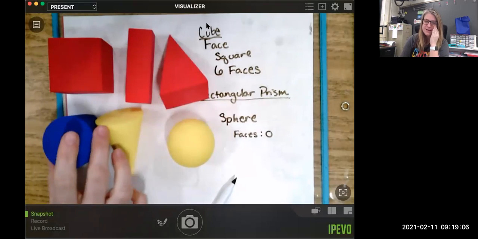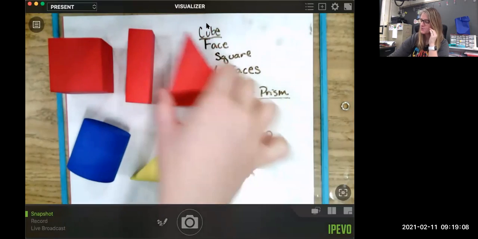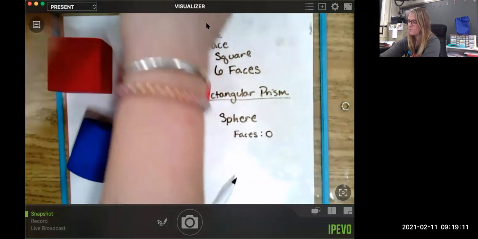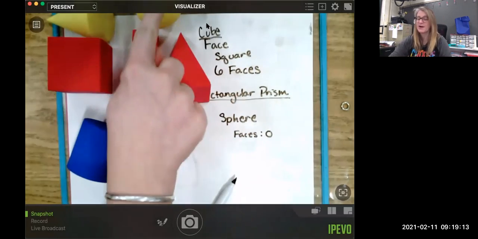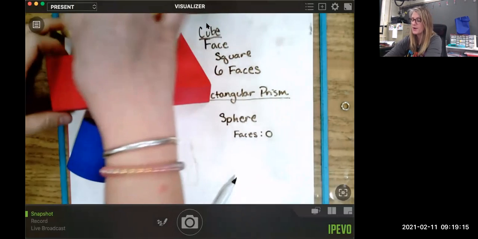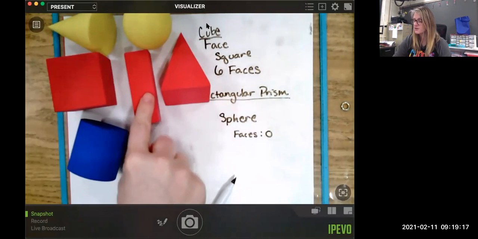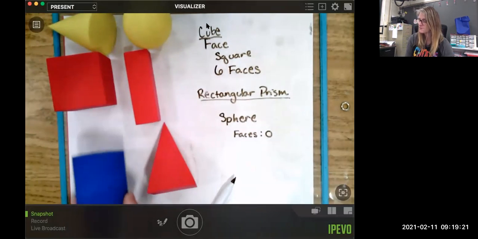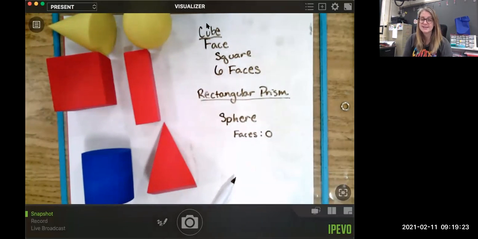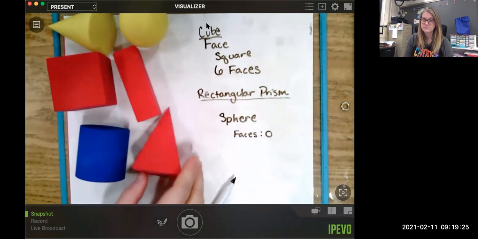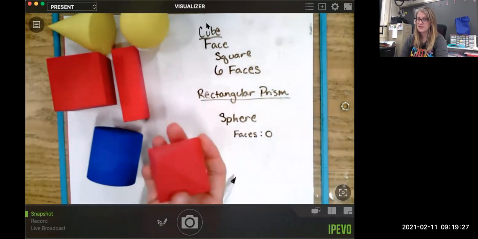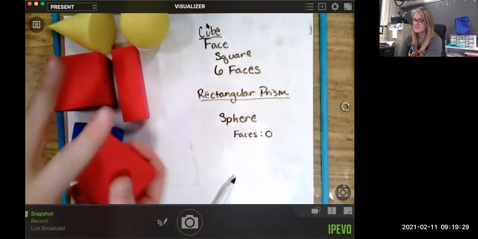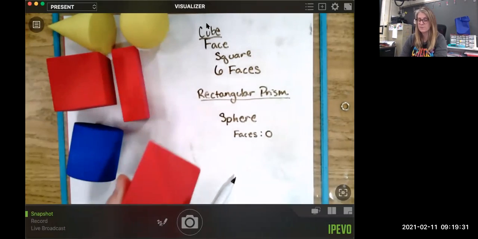What is a solid that has only 2 faces? So we've covered these 4 already. We know our sphere has none, our cone has 1, our rectangular prism and our cube both have 6. So we have these 2 left. Which one has only 2 faces? So this shape has a lot of flat sides. So that one does not have only 2.